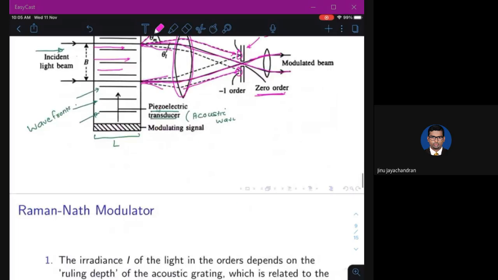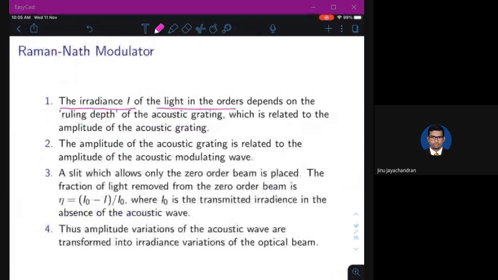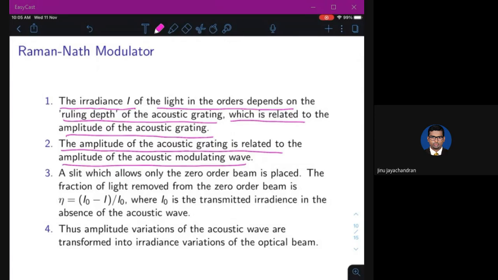The irradiance I of the light in the orders depends on the ruling depth of the acoustic grating, which is related to the amplitude of the acoustic grating. Irradiance means the intensity, basically. It depends on the depth, which means the size of the material of the acoustic grating, which we have seen is L, and which is related to the amplitude. The amplitude of the acoustic grating is related to the amplitude of the acoustic modulating wave.